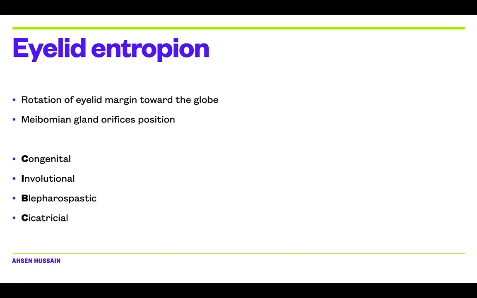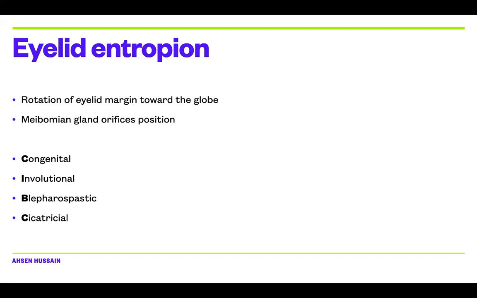By far the commonest cause, of course, is involutional entropion. And therefore, this is by definition seen in older patients. And there are four main presumed causes of this anatomically, although one of these, the last one, has been debated not to be a predominant cause. The first is laxity, dehiscence, or disinsertion of the lower eyelid retractors, and I'll show you a picture of that in a moment.